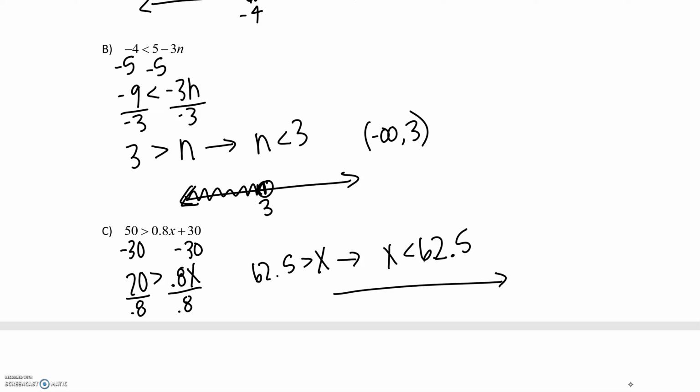On a number line, we would have an open circle at 62.5 and shade it to the left, and our function notation would be open parentheses negative infinity, 62.5, close parentheses.